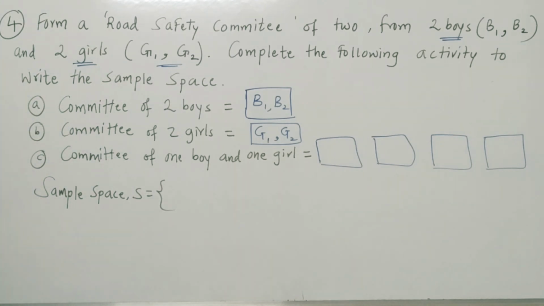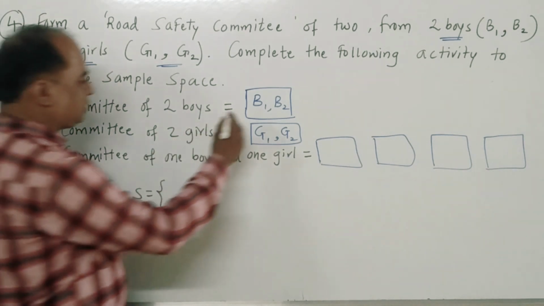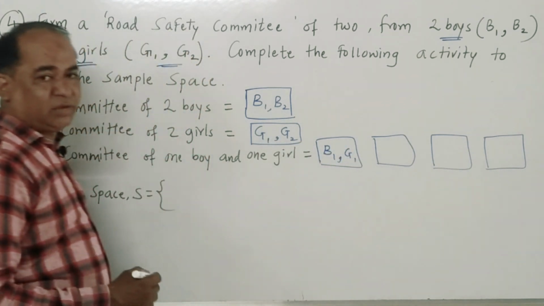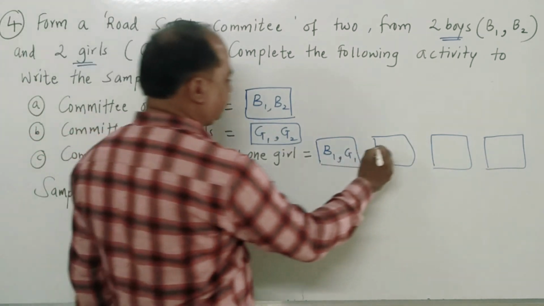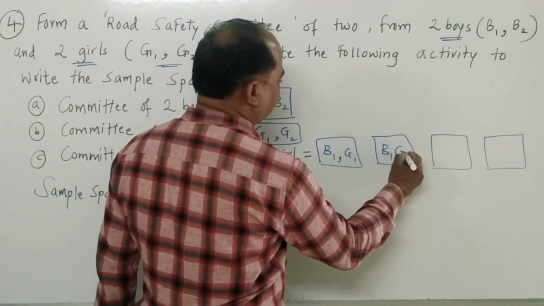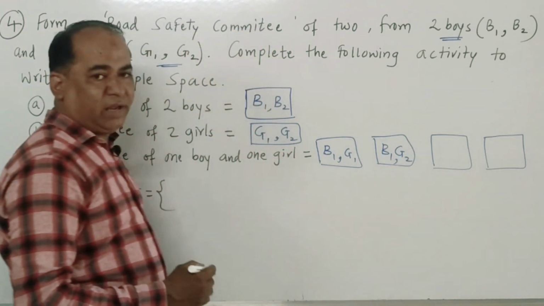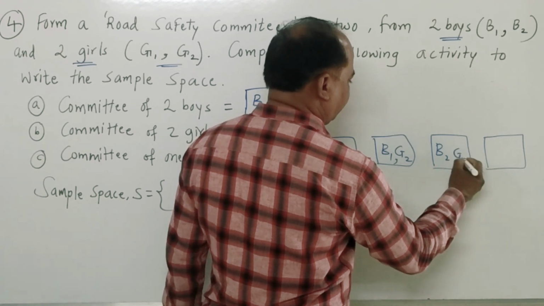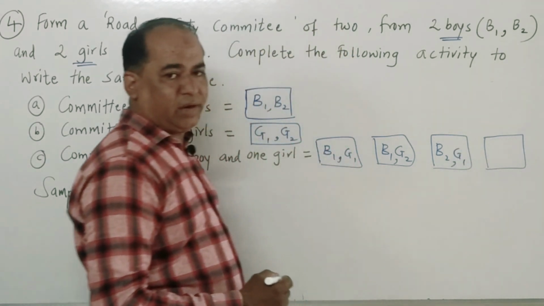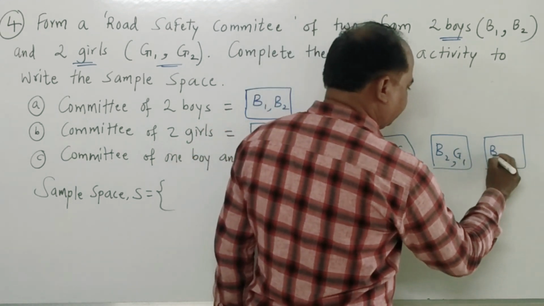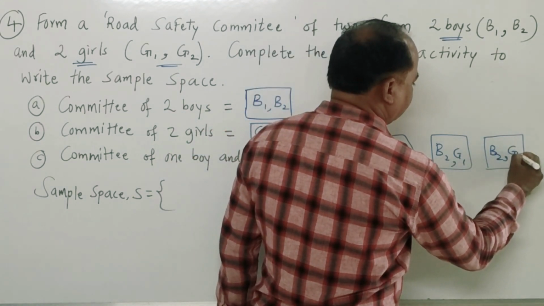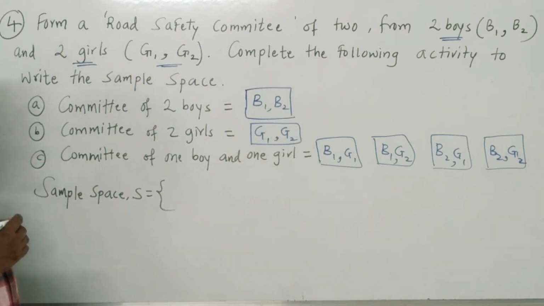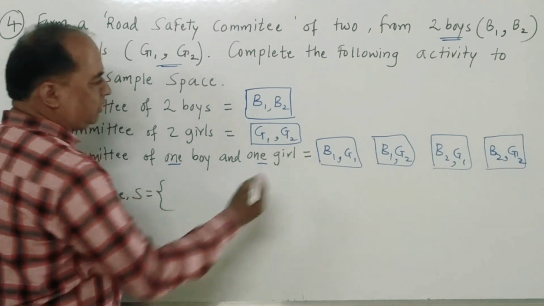Now in a committee there is 1 boy and 1 girl. So the first boy and first girl in the first committee, then the first boy and second girl G2, then second boy and first girl, and second boy B2 and second girl G2. So like this you get 4 pairs, in which the committee has 1 boy and 1 girl.